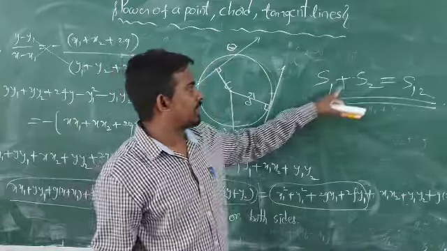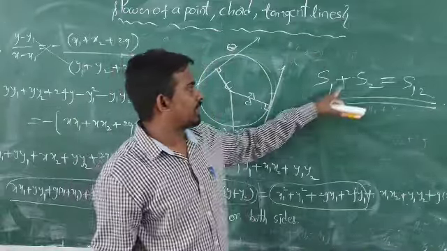What happened in this equation? 2 tends to 1 or 1 tends to 2, what happened? It becomes 1. That's why we get S1 plus S1 equal to S11.